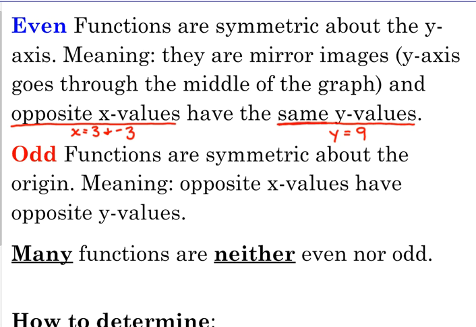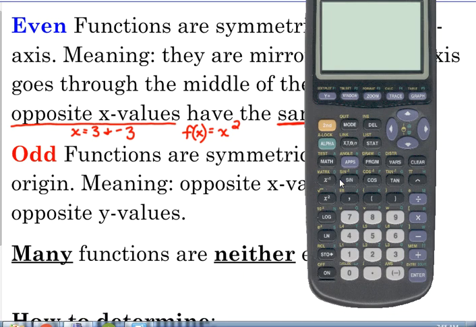That is an even function. So, and I'm going to write the function here. Let me use function notation. F of x equals x squared. That's our function. So x equals positive 3 and x equals negative 3. Both of them, y equals 9.